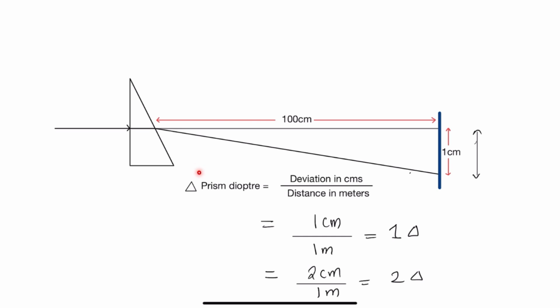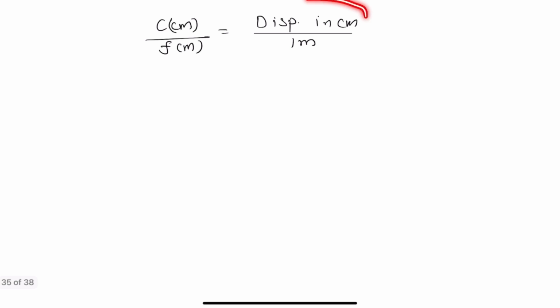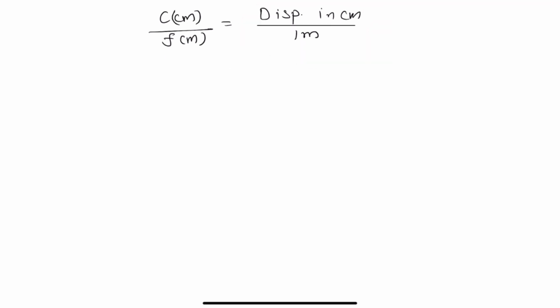But we know prism diopter is equal to deviation in centimeter divided by distance in meter. So this side is equal to prism diopter. We can see decentration in centimeter divided by focal length in meter is equal to the prism power.